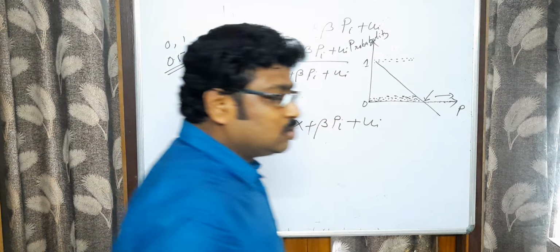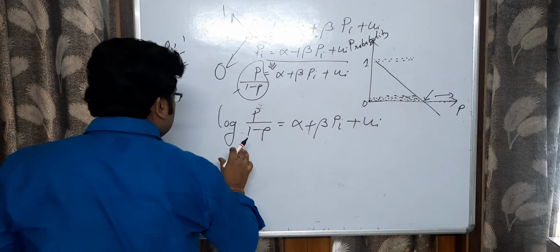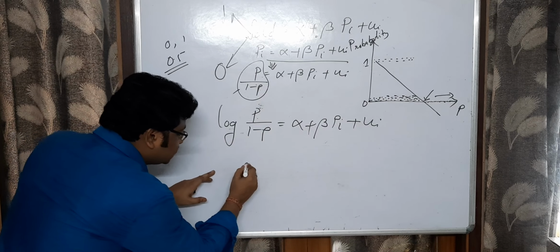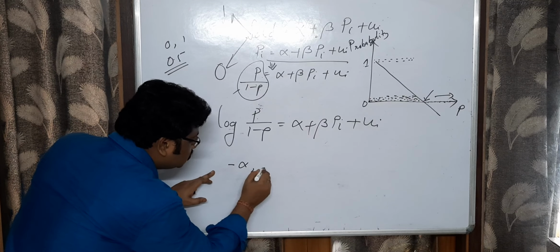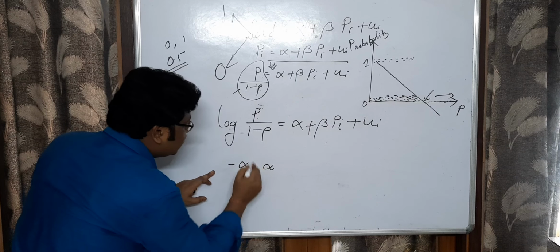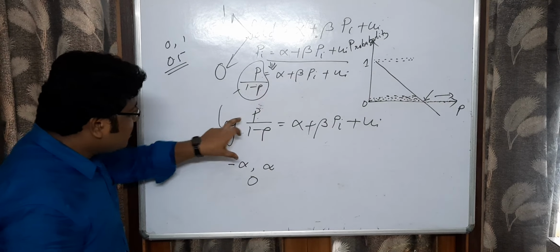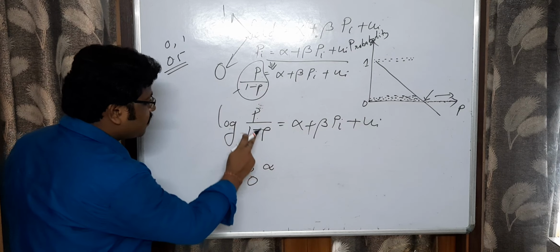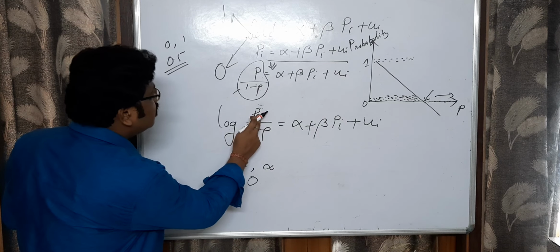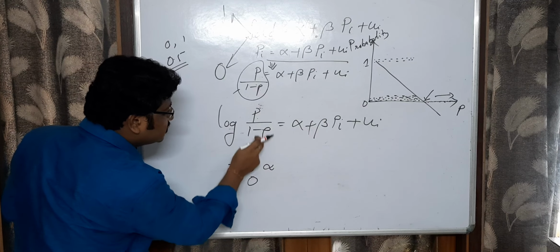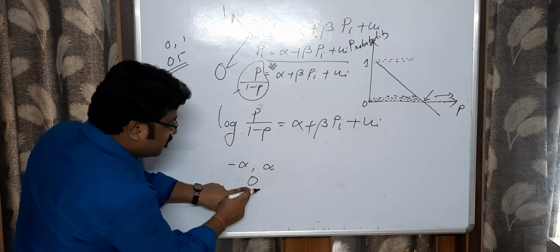Look, now the range is minus infinity to plus infinity, and the midpoint is 0. In the same way, if you take a 50% probability of sale, 50% over 1 minus 50% is 50% over 50%, which is 1, and log 1 is equal to 0, so the midpoint is 0.